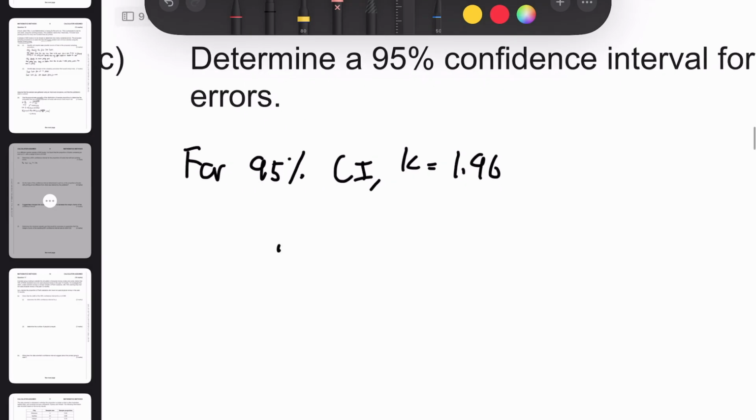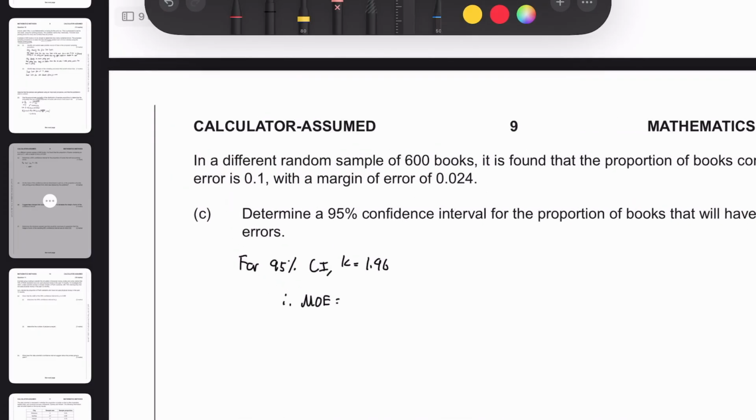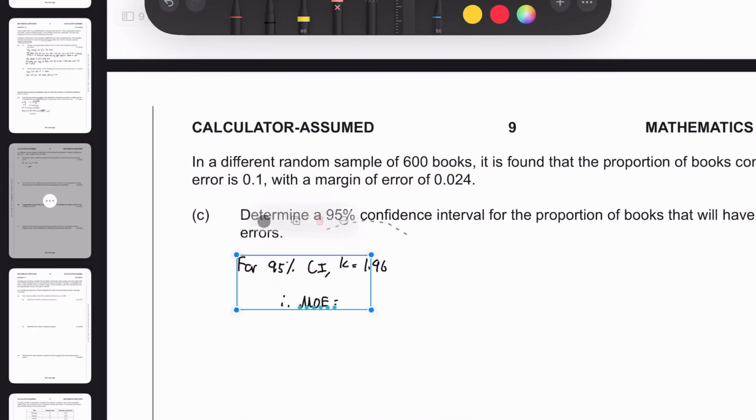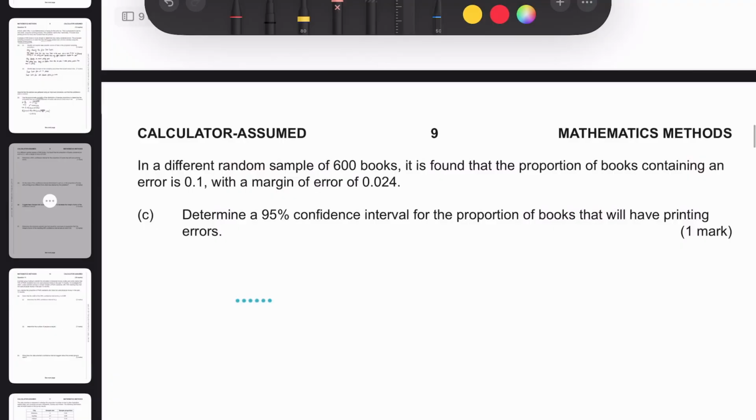Therefore, margin of error is going to be, oh wait, they already gave us the margin of error, never mind. Wait a minute, it's found a proportion from margin of error.